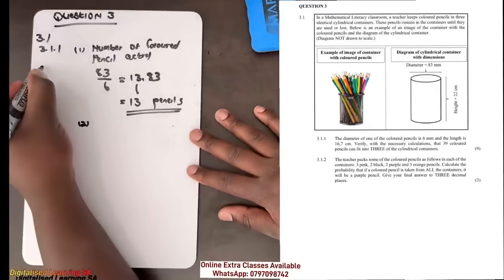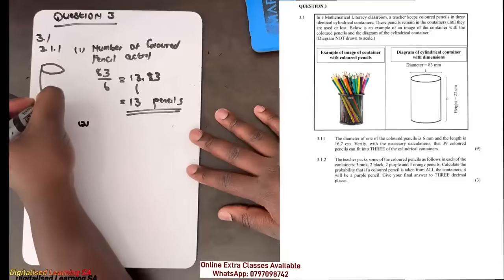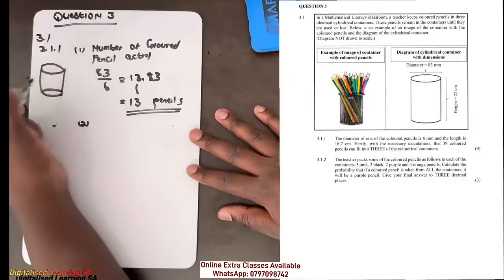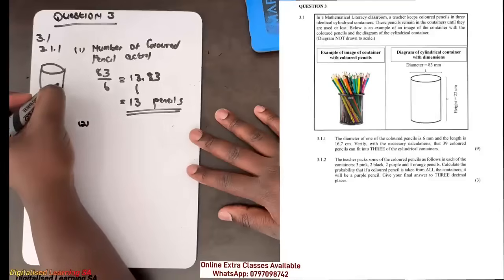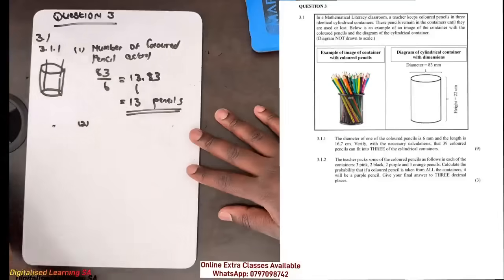So if it's a cylindrical container, we need to find the number of pencils stacked vertically. We could have two pencils stacked one on top of another, or just one that goes all the way.